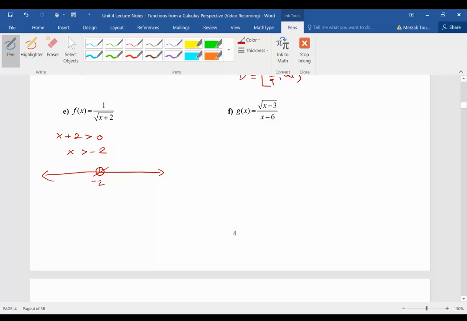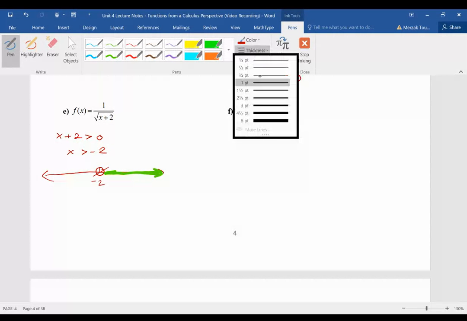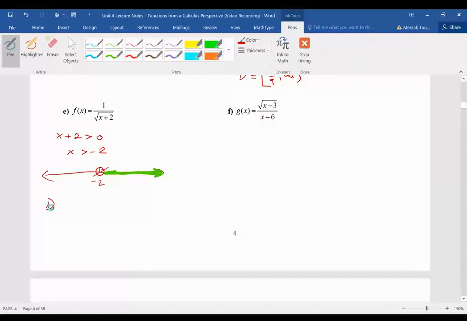So according to the inequality, it's everything greater than negative 2. So the domain would be parenthesis negative 2, using a parenthesis to signify that negative 2 is not included, to infinity.